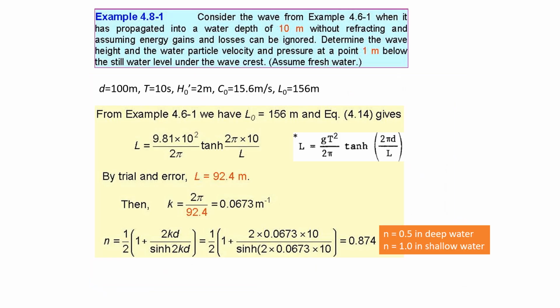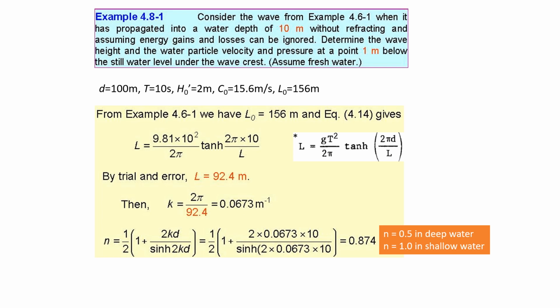Let's look at an example here. Consider the wave from example 4.6-1. That's the one that we looked at in the previous lecture on wave mechanics. Consider the wave from the previous example when it has propagated into a water depth of 10 meters without refracting, and assuming the energy gains and energy losses can be ignored, which means that P is a constant.